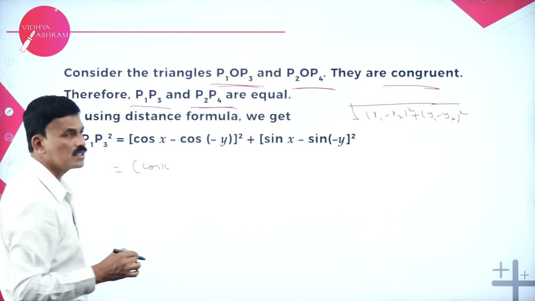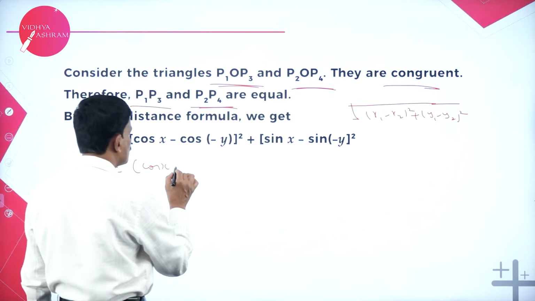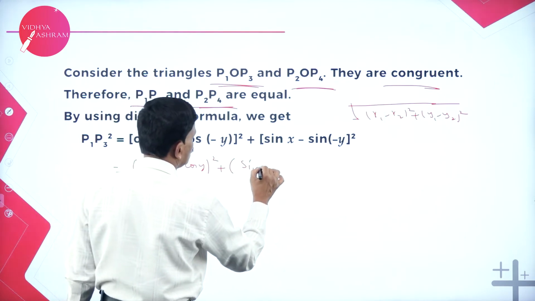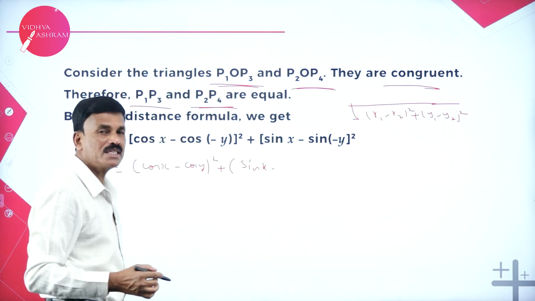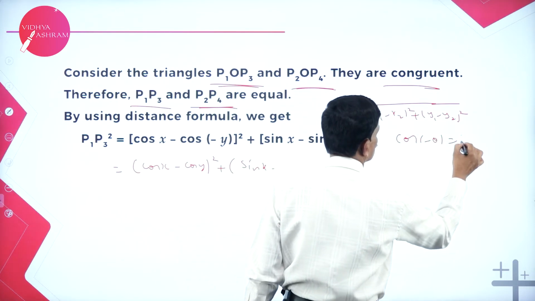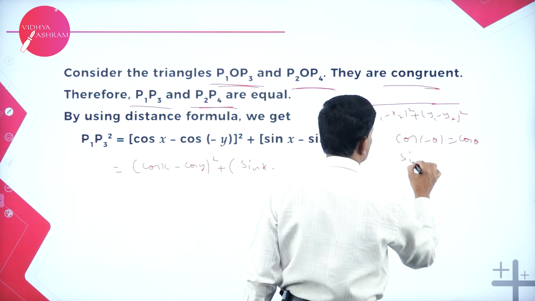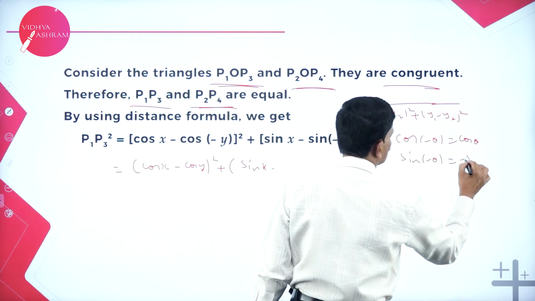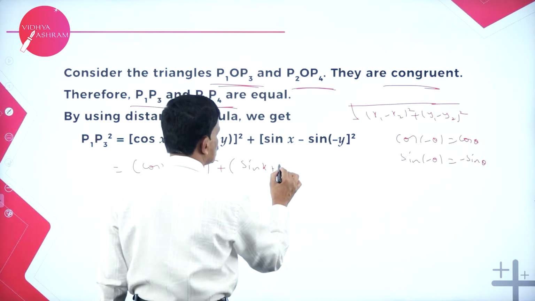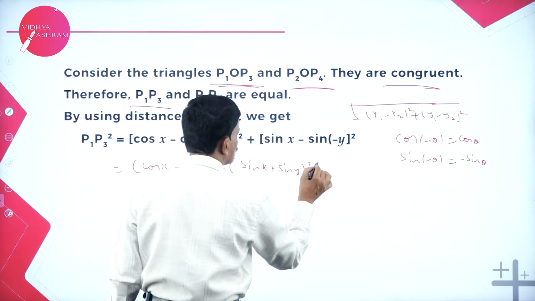Since cos of minus theta is plus cos theta and sin of minus theta is minus sin theta, this can be written as (cos x minus cos y) whole square plus (sin x plus sin y) whole square, since minus into minus becomes plus.